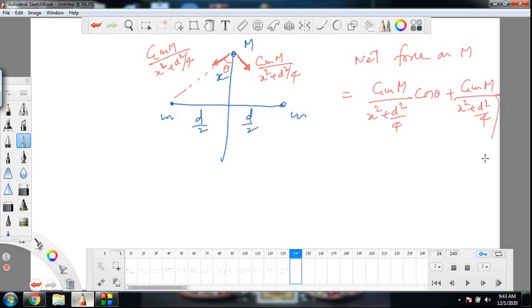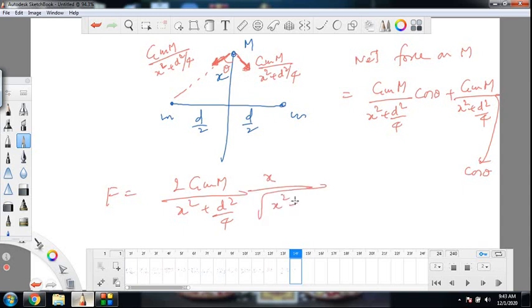So basically this red colored force, downward component, and this red color force, downward component, add up. Horizontal components cancel. So the net force I can write as 2GMm by x square plus d square by 4, and cos theta from the figure is adjacent by hypotenuse, x by root x square plus d square by 4. That is cos theta. That is the net force on M.